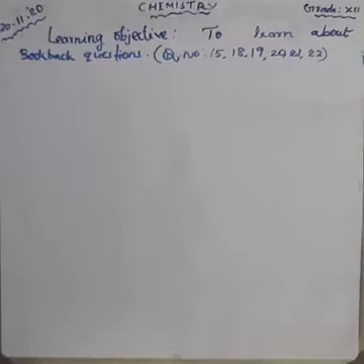Today we have to discuss question number 15. The decomposition of Cl2O7 at 500 Kelvin in gas phase to Cl2 and O2 is a first order reaction. After 1 minute at 500 Kelvin, the pressure of Cl2O7 falls from 0.08 to 0.04 atm.